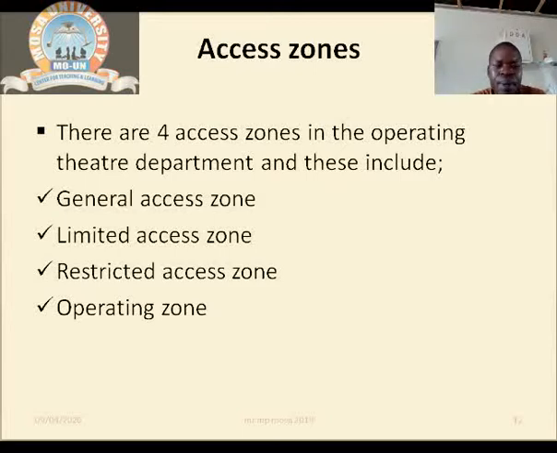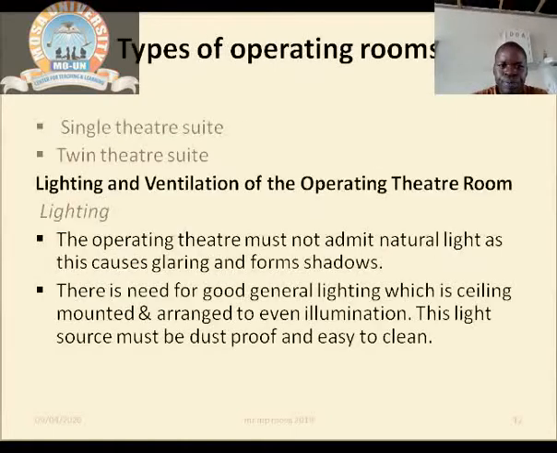So these 3 people have access to this operating zone. No other person can access this zone, not even the anesthetist. So this is the most restricted zone of the 4 zones. The operating zone is the most restricted one.